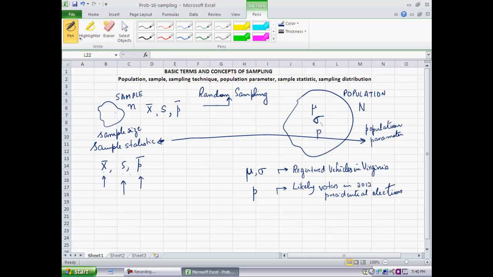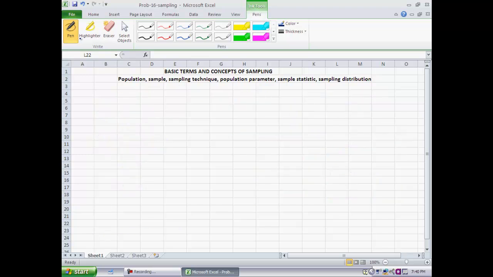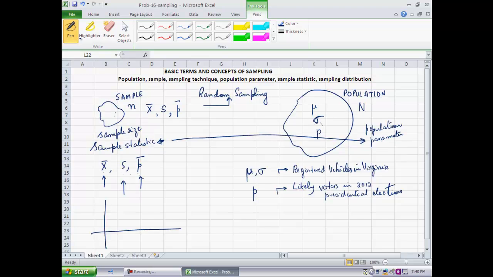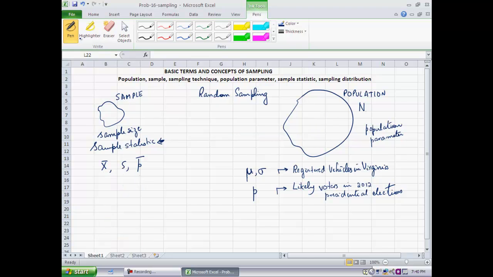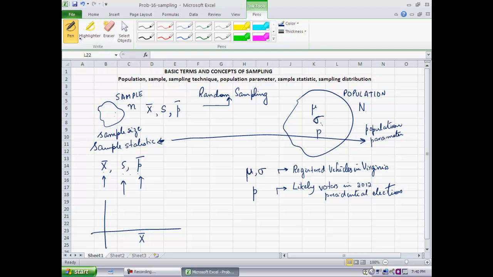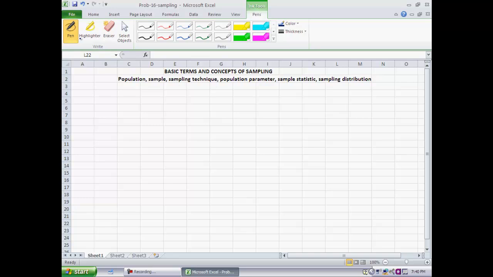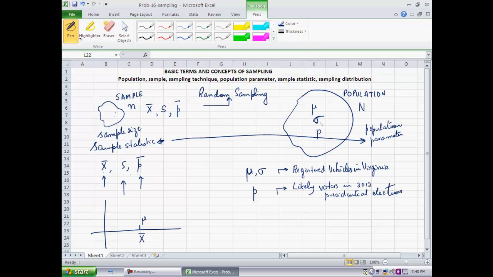Essentially what we are saying is, if you take any one of the sample statistics, say for example the sample mean, it will have a distribution. In other words, there is a pattern of uncertainty, and I think you can guess by now what that pattern might look like. I would expect it to be close to the population mean. I don't know what the population mean is, but I expect the sample mean to be close to it. I don't expect it to stray too far.